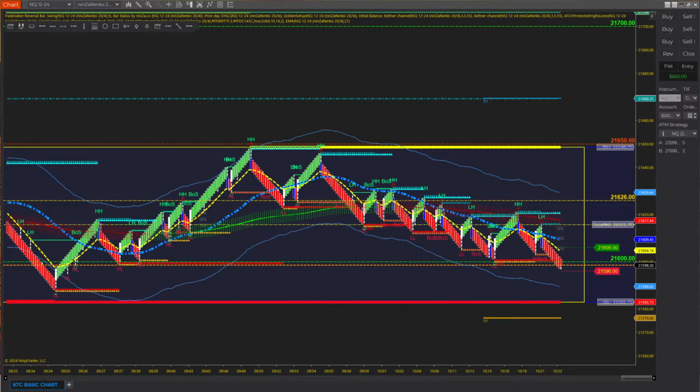Not quite the 50% of the ATR. The ATR right now is around 245 for NQ. So it's a little below the 50% that we require.